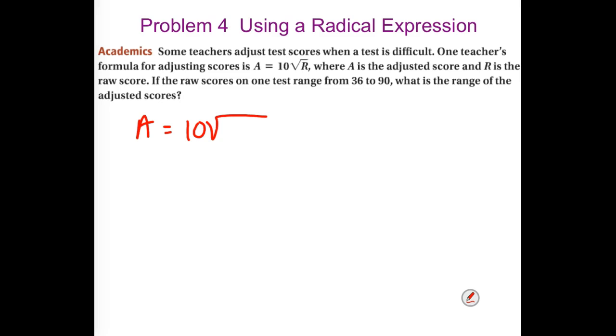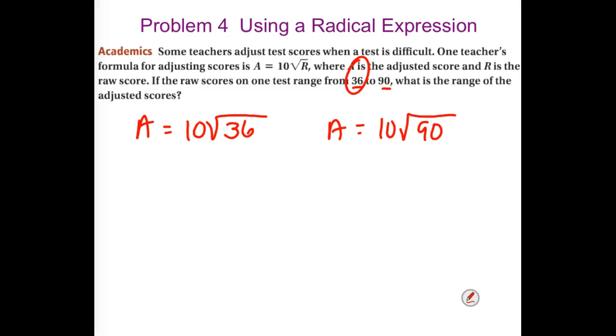If raw scores on one test range from 36 to 90, what are the adjusted scores? So what we're going to do is replace the R in that formula with 36, and then replace the R with a 90. And we're going to see what those new adjusted scores are.